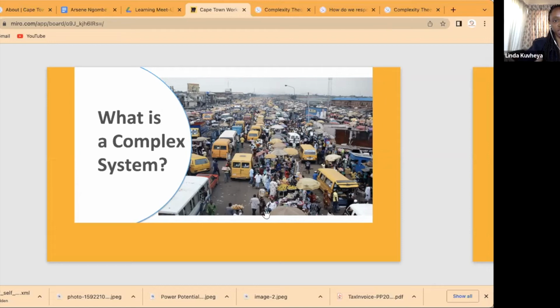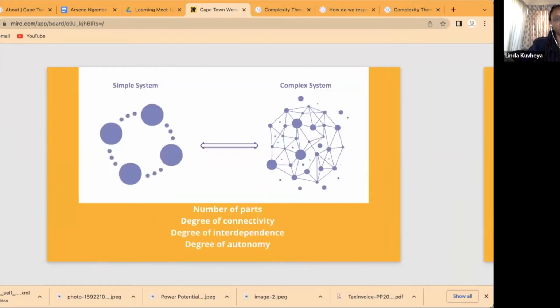If you're looking at the health system, obviously transport is a very important factor. And if you're looking at how government operates, transport is also very crucial. So the interconnectedness of those systems brings about complexity.